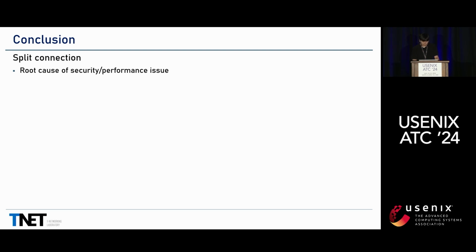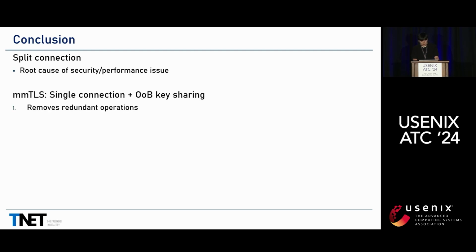In summary, we showed that the root cause of the security issue is splitting, and the performance bottleneck of the split TLS middlebox is in relaying 2 TLS connections. mmTLS removes redundant and unnecessary operations incurred by the split connection. And mmTLS adopts a scalable key distribution technique.